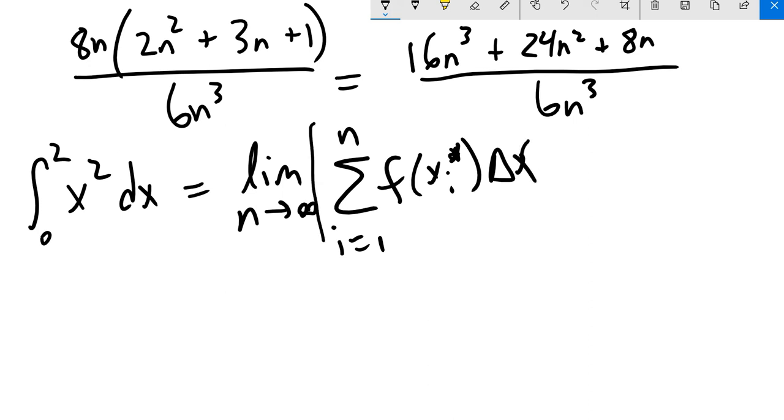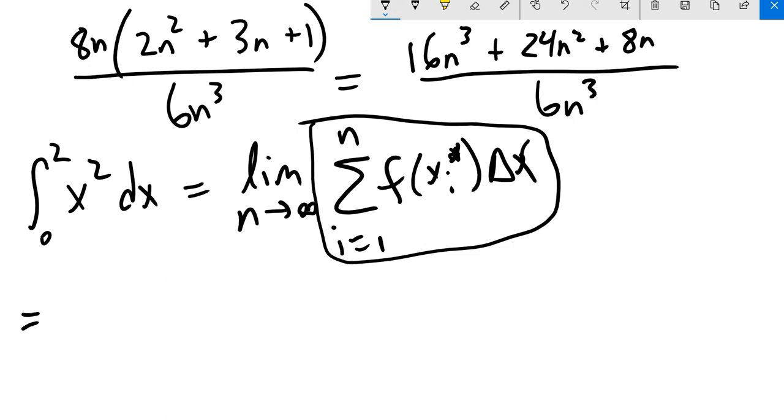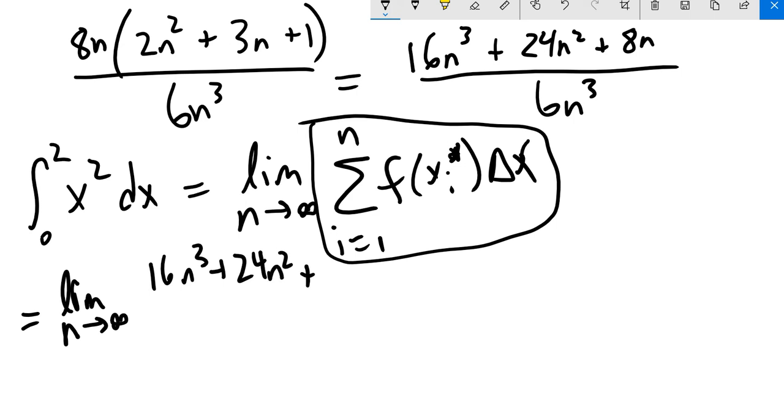This is the piece that we just solved for x squared and the 0 to 2 interval above. So now what we've simplified to is the limit as n goes to infinity of 16n cubed plus 24n squared plus 8n divided by 6n cubed.